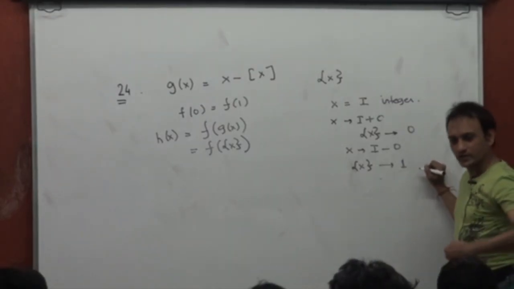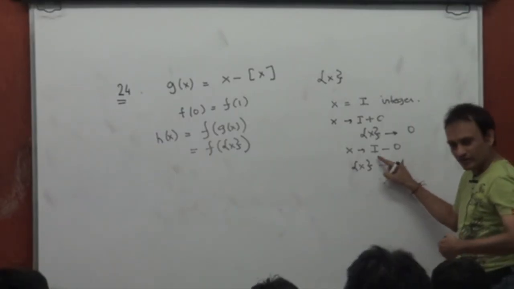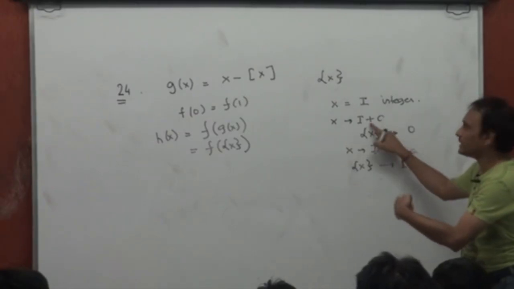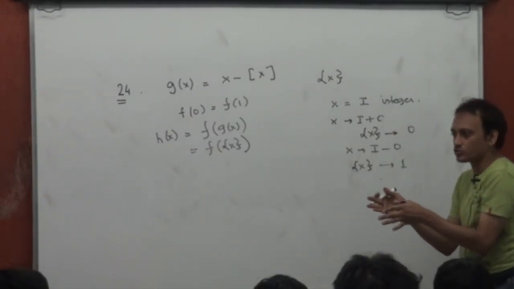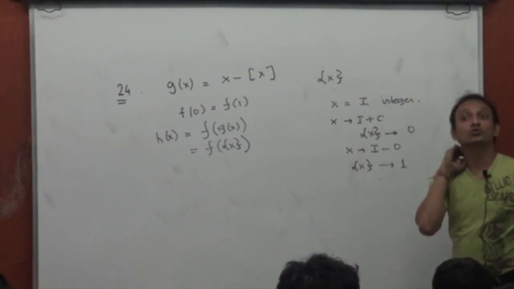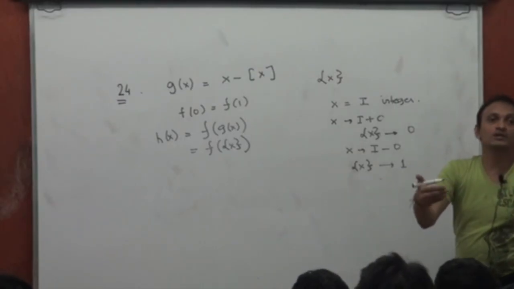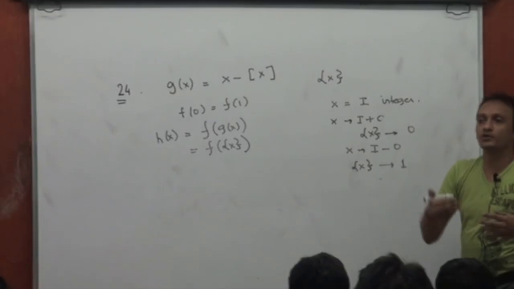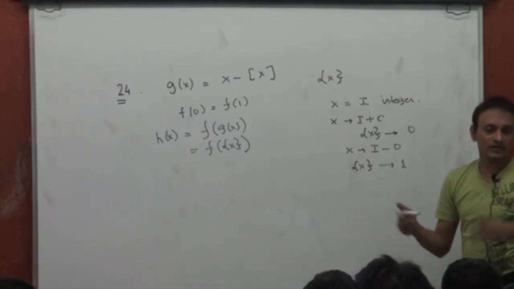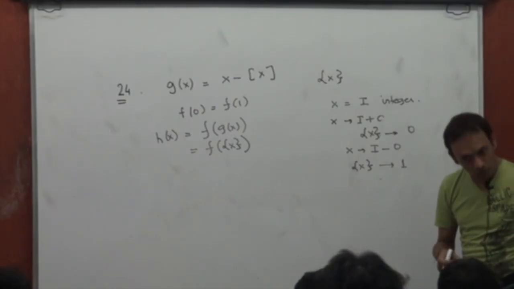When it comes closer and closer to an integer from the less than side, the fractional part of x comes closer and closer to 1. From the greater than 3 side, the fractional part of x will come closer and closer to 0. Let's say 3.01, 3.001, 3.0001, coming closer to 3 from the greater side, and the fractional part of x is like 0.01, 0.001, tending to 0, right?